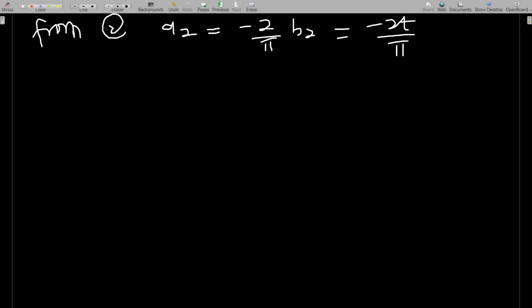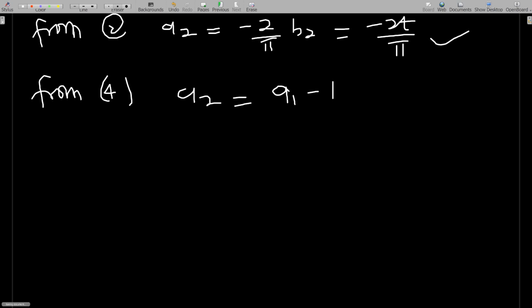So from equation 4, we have a2 being equal to a1 minus 1. a2 is minus 2t over pi, so I put it here: minus 2t over pi equals a1 minus 1.